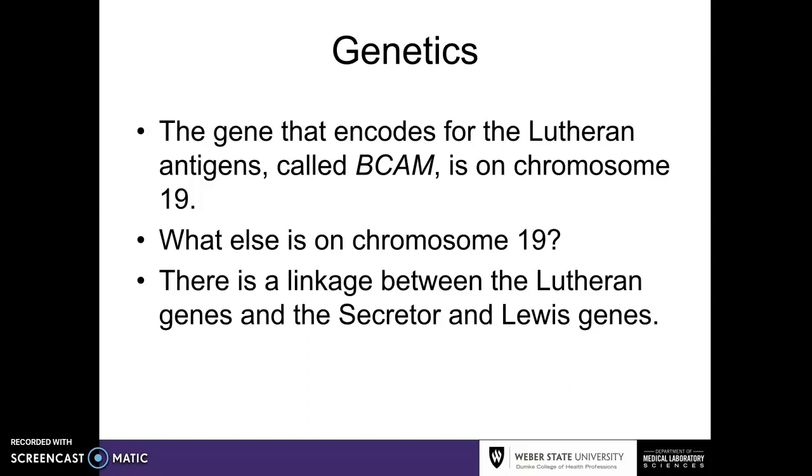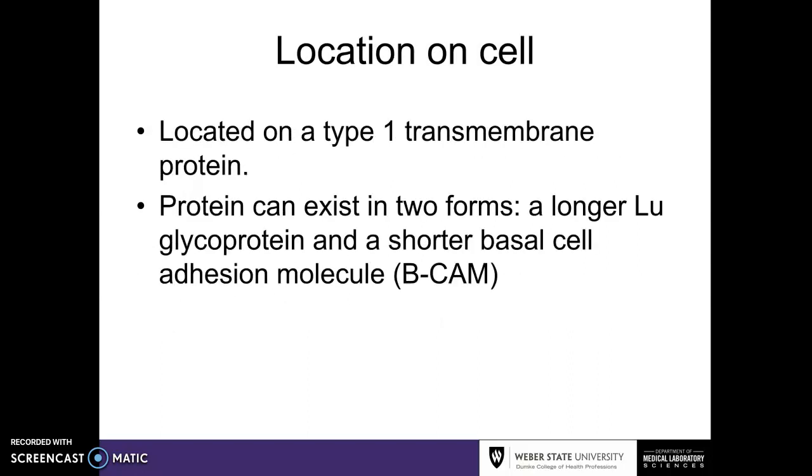I mention those because there's been a linkage found between the Lutheran genes and the secretor and Lewis genes. I'm not entirely sure what that linkage is. I'll have to read more into that, but I do know that there are studies that show a linkage between these blood group systems.